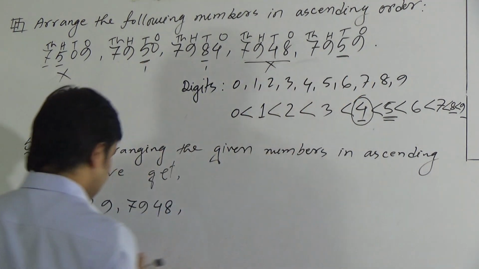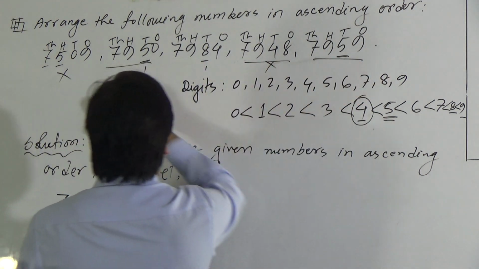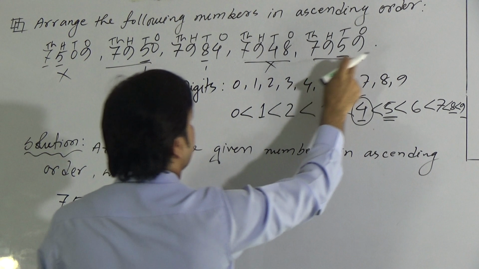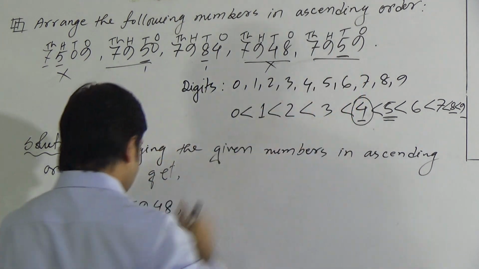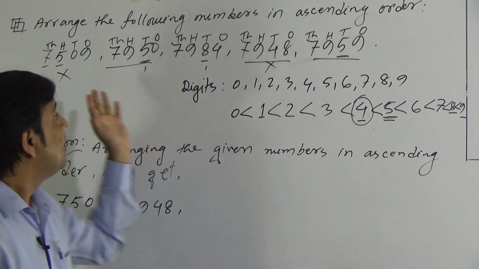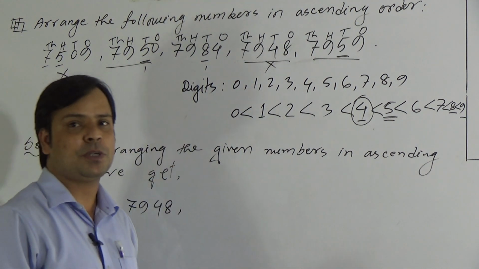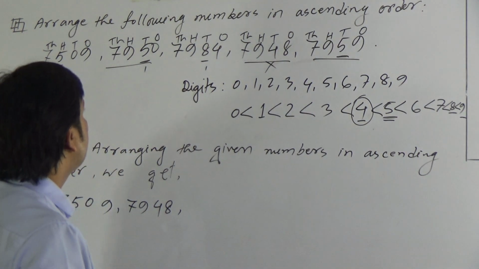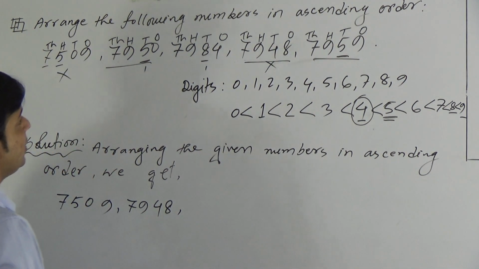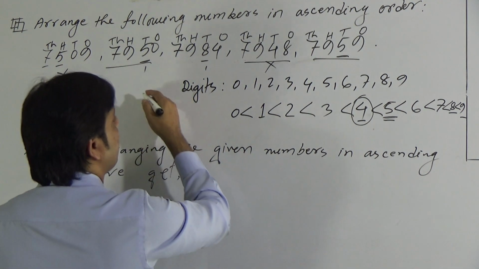Containing 5 in tens position, there are 2 numbers, this one and this one, 7950 and 7959. Dear students, between these 2 numbers, the tens position is the same. So we have to compare the ones position. Now if we compare the ones position, which one will be the smallest?